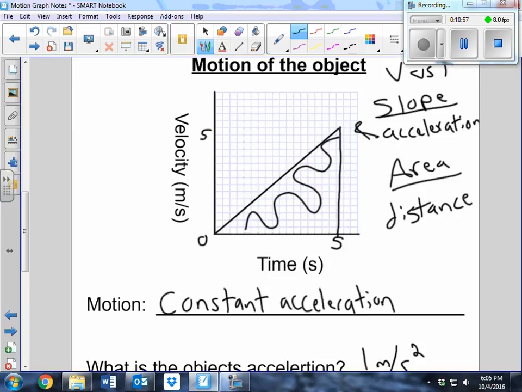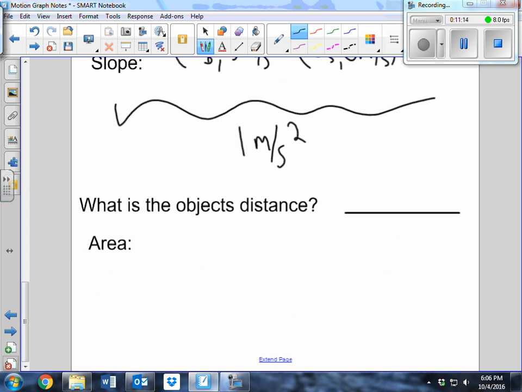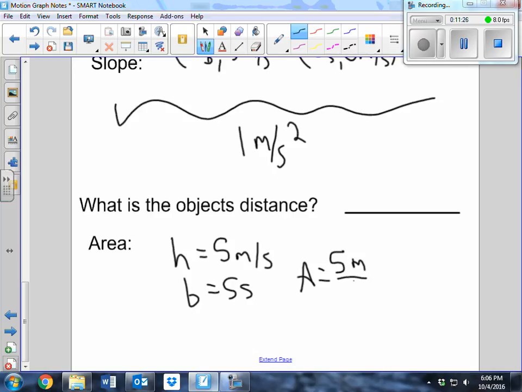What area does that make? Well, that's a triangle, and I know the equation for a triangle is area equals base times height divided by 2. My height is 5 meters per second. My base is 5 seconds. So I plug it into the equation, and I get 5 meters per second multiplied by 5 seconds, all divided by 2.